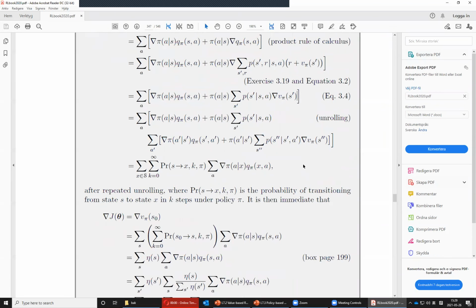And then you express this equation with the probability of transitioning from state S to state X in k steps.